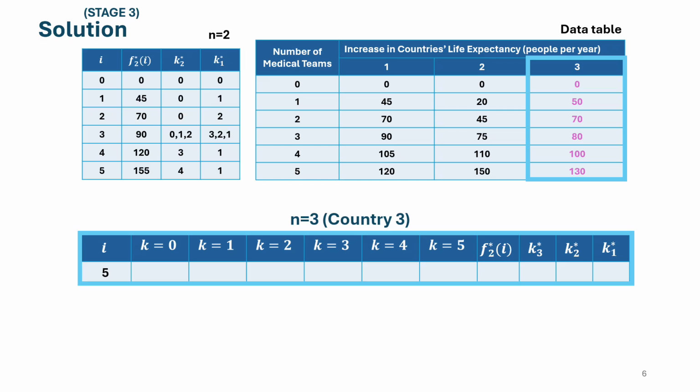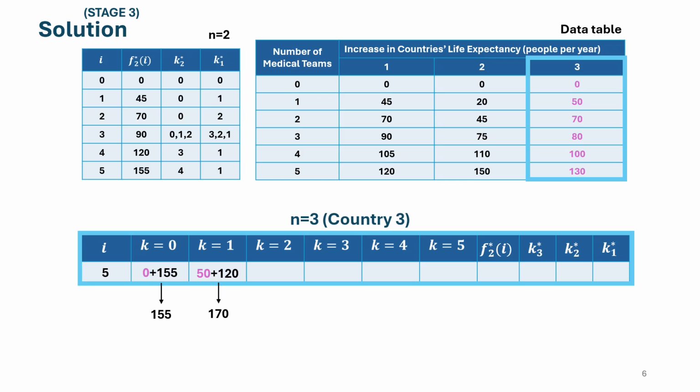First, consider allocating 0 teams to country 3. This gives an immediate return of 0, plus the future optimal return of 155, for a total of 155. Next, allocating 1 team gives an immediate return of 50. We add the future return of 120, resulting in a total of 170.